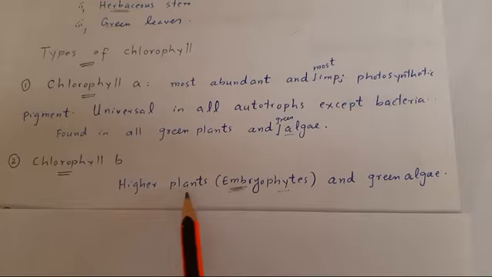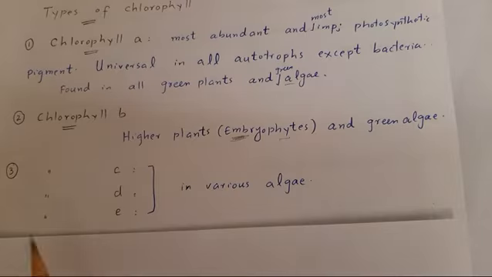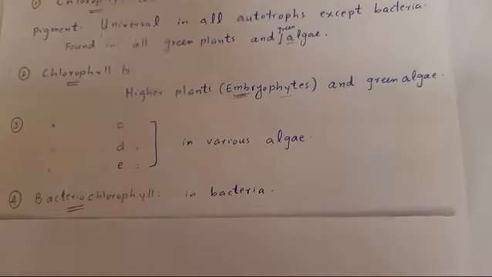Chlorophyll B is found in higher plants, embryophytes and green algae. Chlorophylls C, D and E are found in various groups of algae, while bacteriochlorophyll, as the name indicates, is found only in bacteria.